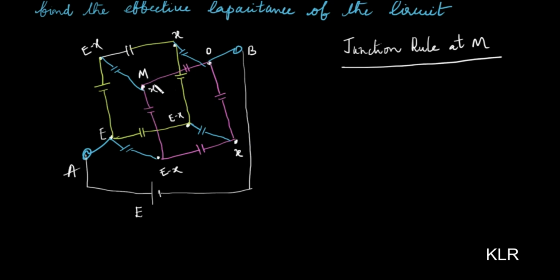So this is C into x minus 0, plus, now this charge is C into x minus E minus X.